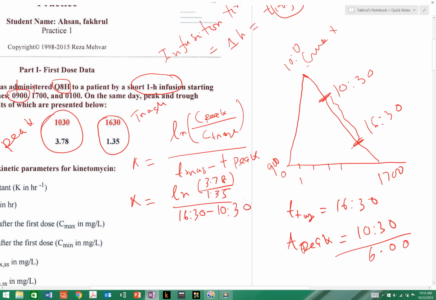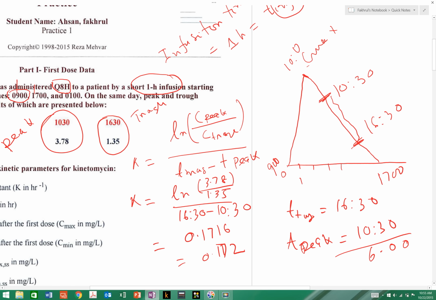So 1630 minus 1030 would be 6 hours. So if you do the calculation, you will have a K of 0.1716, or which you can write 0.172. So this is how you calculate K.